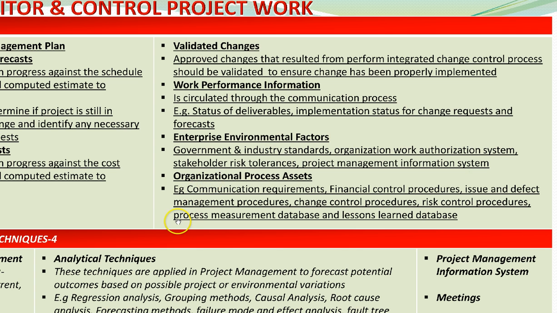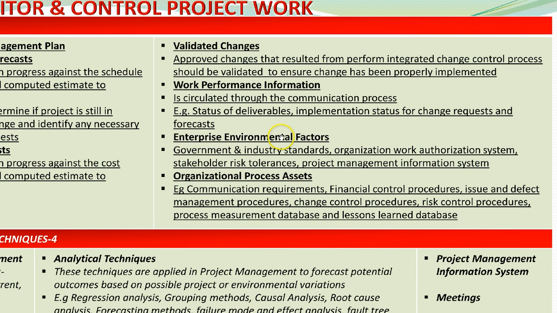Then what else do we get from organizational process assets from the company? We get the process measurement database and lessons learned database, as in from the previous projects. So all this the company already has, and where do they have it? They have it in organizational process assets.